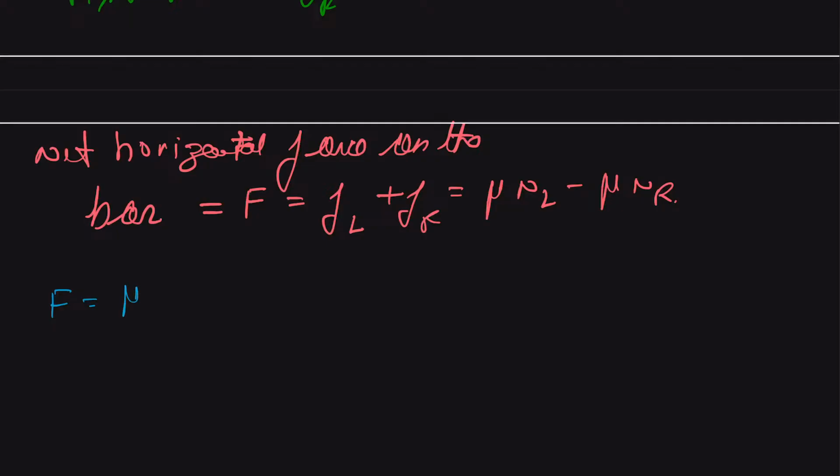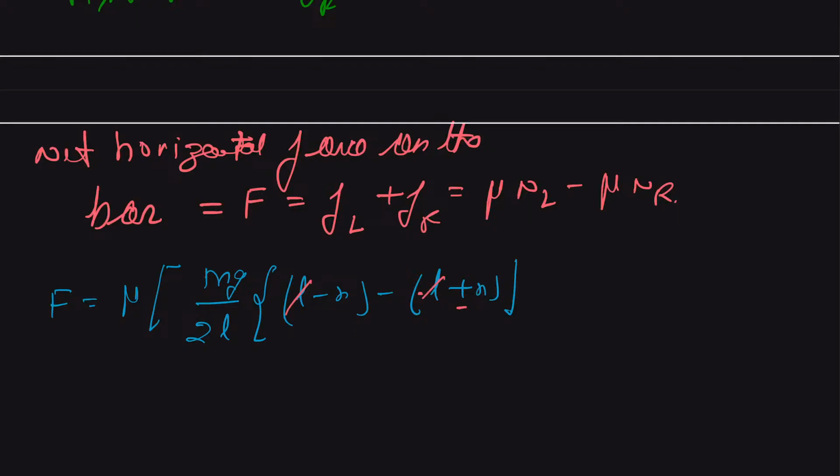So for F, mu we can take as common. So we have mg upon 2L, we can take common from both, and we get L minus x, not plus but minus, L plus x. If you open it, this will be coming as minus and this will also be coming as minus.